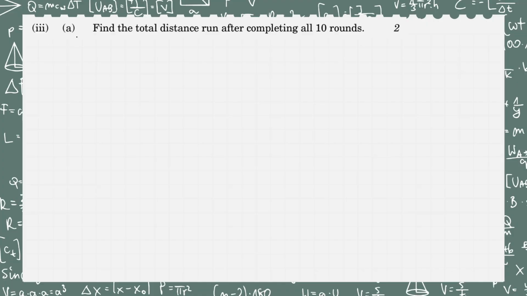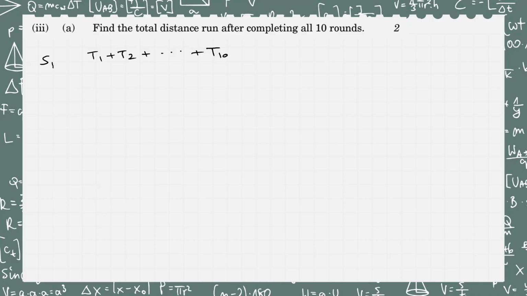Third subpart has two choices. The first one is find the total distance run after completing all the 10 rounds. So this means that term 1 plus term 2 plus etc. plus term 10, because the total distance run in all the 10 rounds will be adding all the distances covered in each run, right?